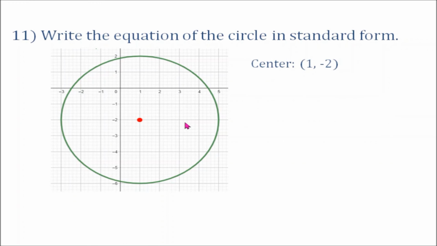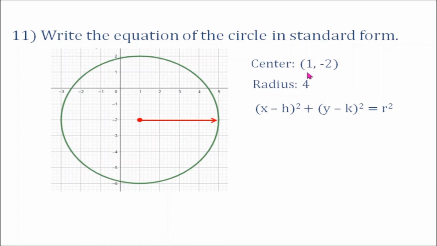How about the radius? So we can either count going upward, downward, to the left, or to the right. So if we count from this point to a point on the circle on the right, we can count 1, 2, 3, 4. So the radius is 4. This is the standard form.